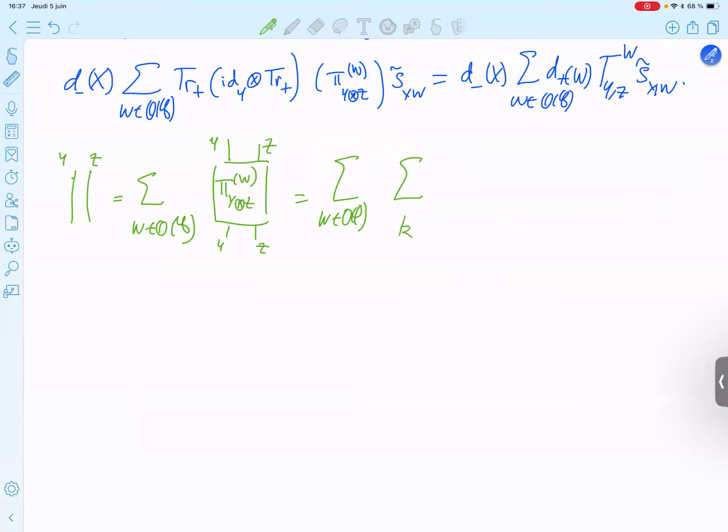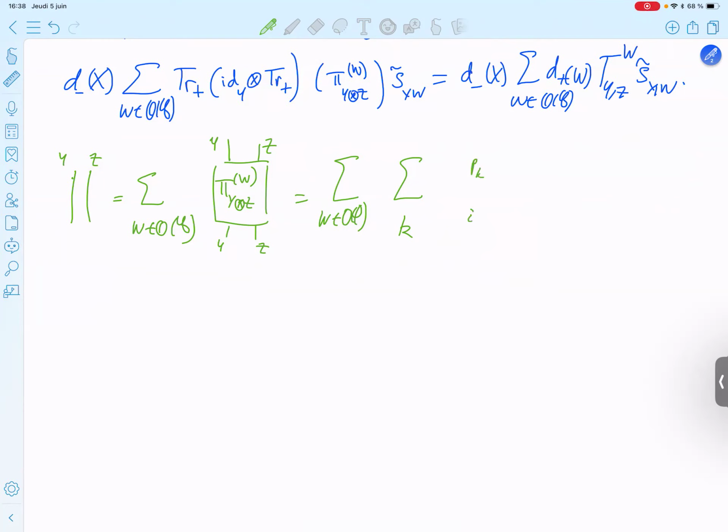I put an index K for the minimal idempotent. So you can write it this way, with a projection.